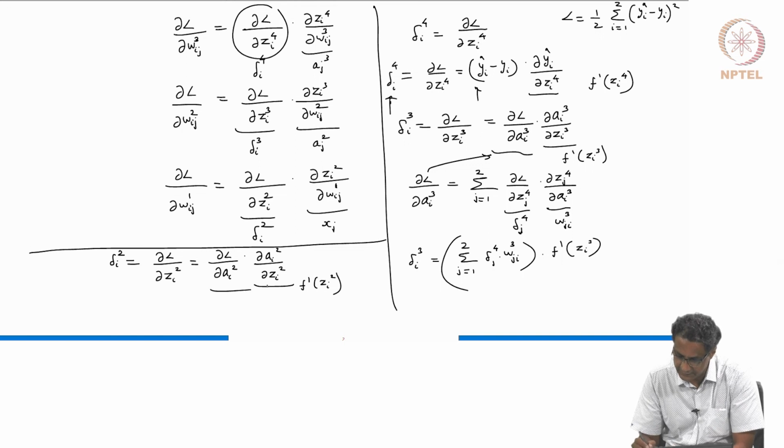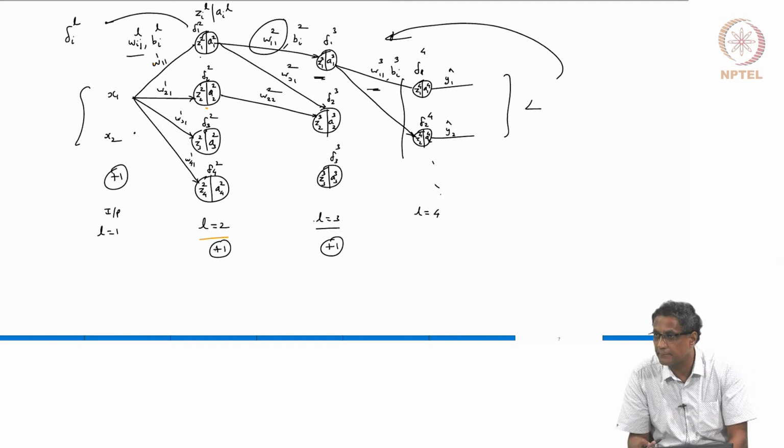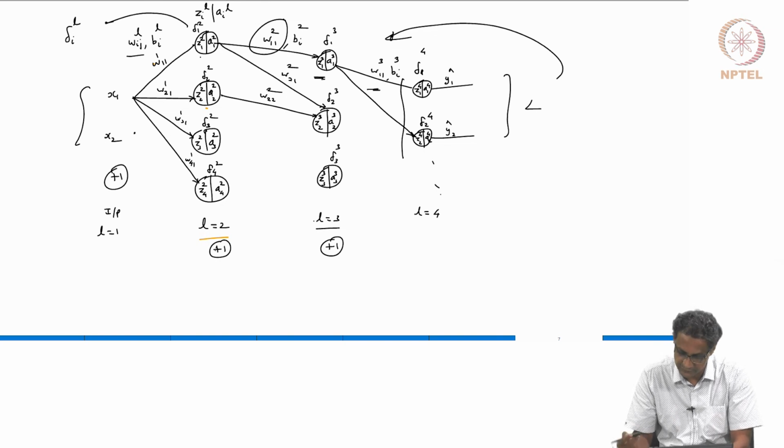Now, dou L by dou Ai2. If you see, Ai2 is here, so Ai2 affects how many neurons? Three of them. It will affect Z13, Z23 and Z33 if you change any of the Aj2s or Ai2s.